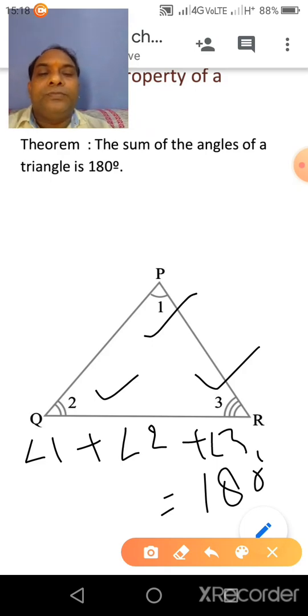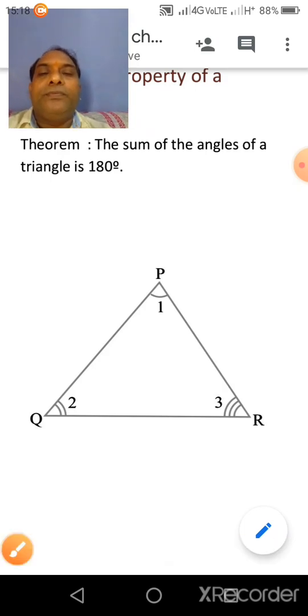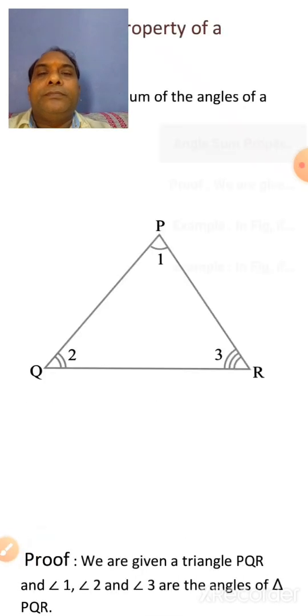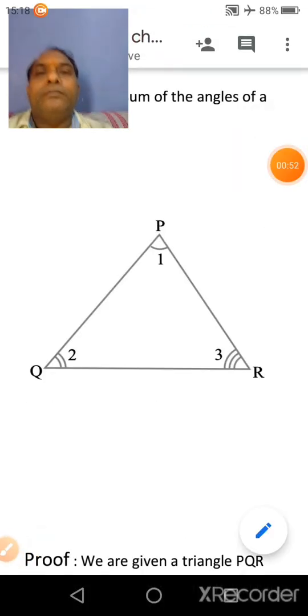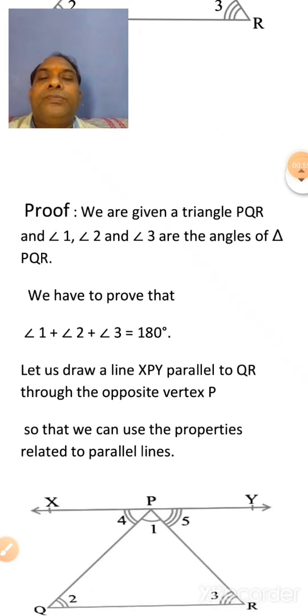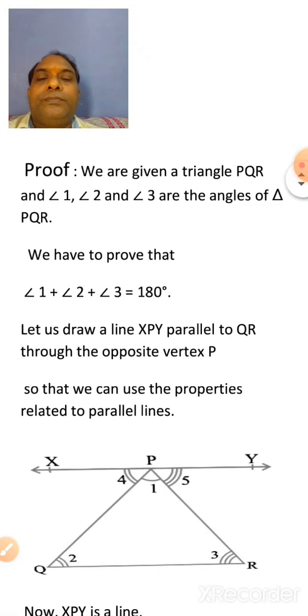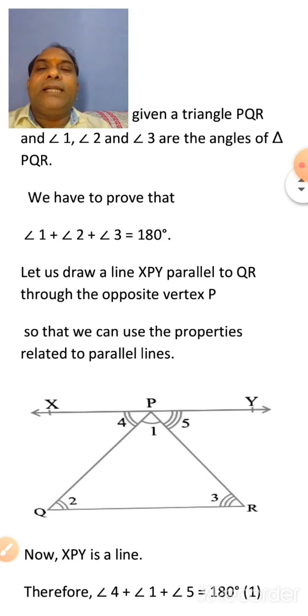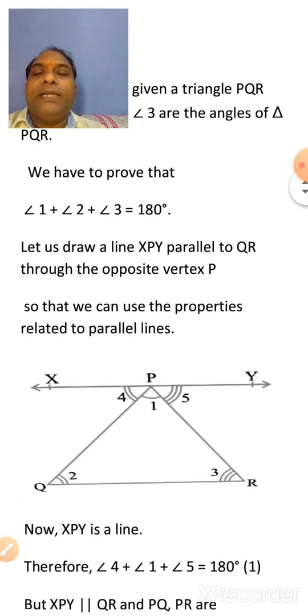Now see the proof. Now we have to prove angle 1 plus angle 2 plus angle 3 is equal to 180 degree. Clear?